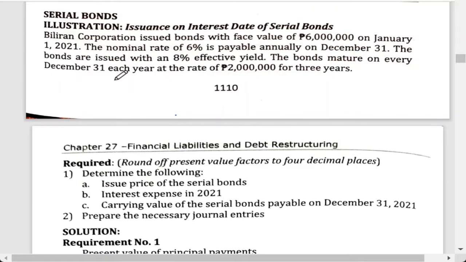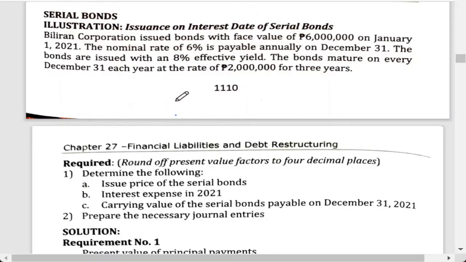So to illustrate how the serial bonds are being accounted for, let us use this problem in the book. We have issuance on interest date of serial bonds. Biliran Corporation issued bonds with face value of 6 million on January 1, 2021. The nominal rate is 6%, payable annually on December 31.